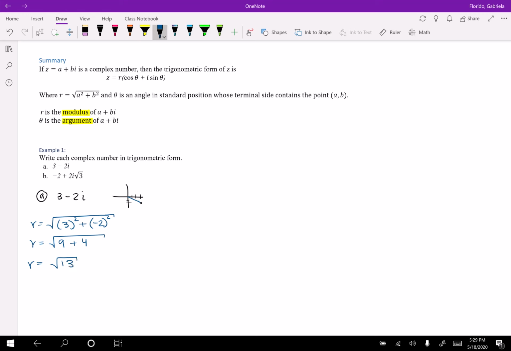And we cannot really simplify that. That is the exact value, and so I'm just going to leave r as the square root of 13. And so the distance from the origin to my complex number 3 minus 2i is the square root of 13.